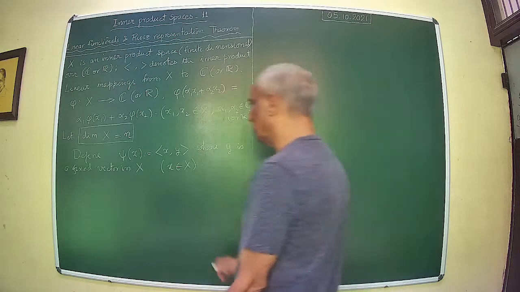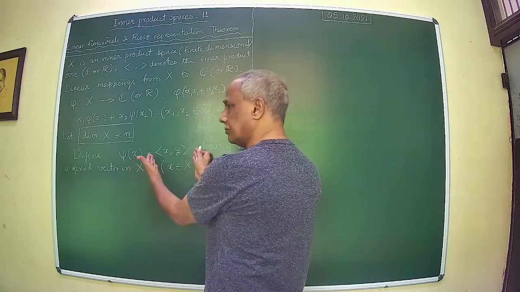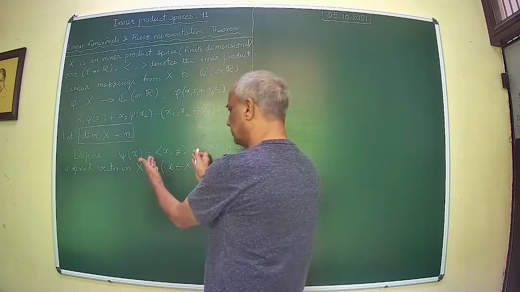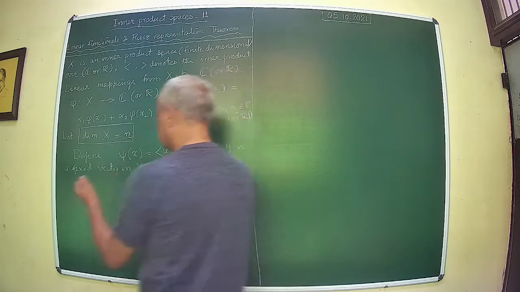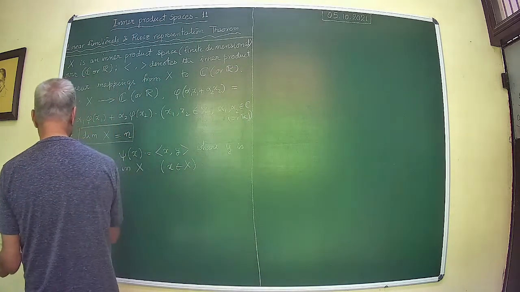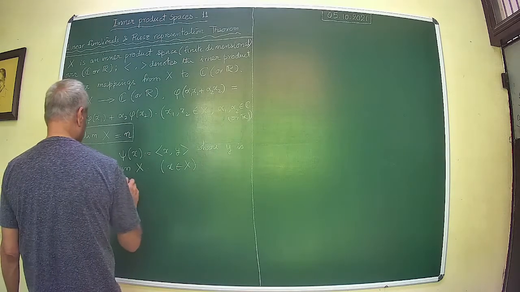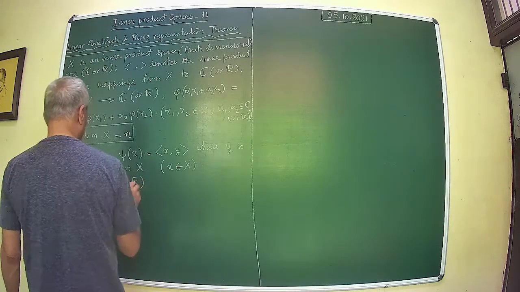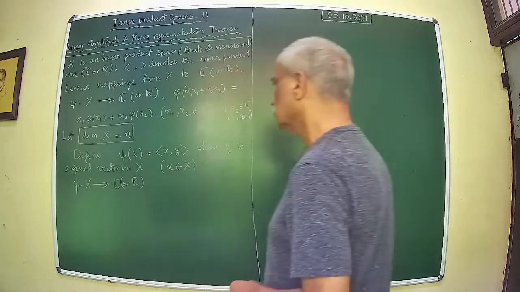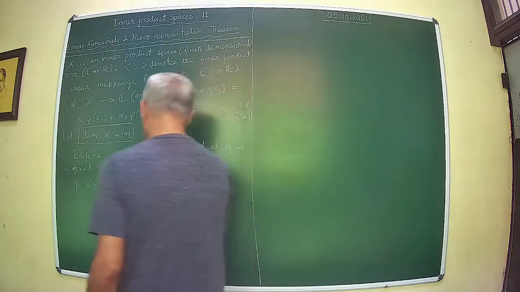Then we observe that this is a complex number or a real number. Therefore, psi is a map from X to C or R and psi is linear.